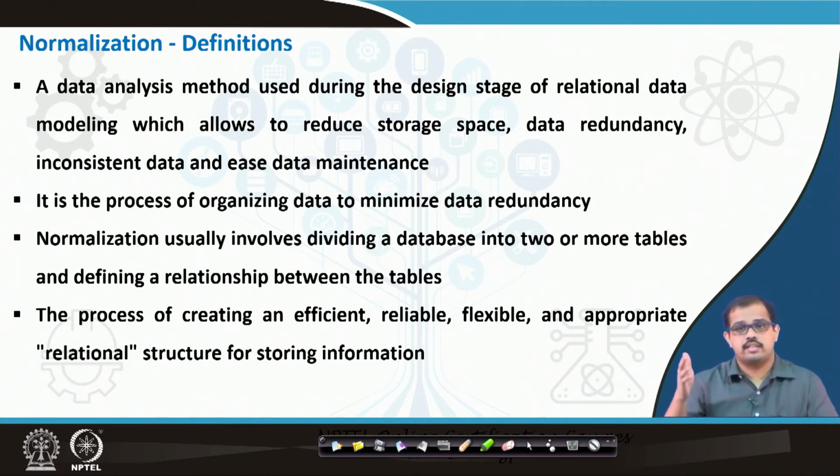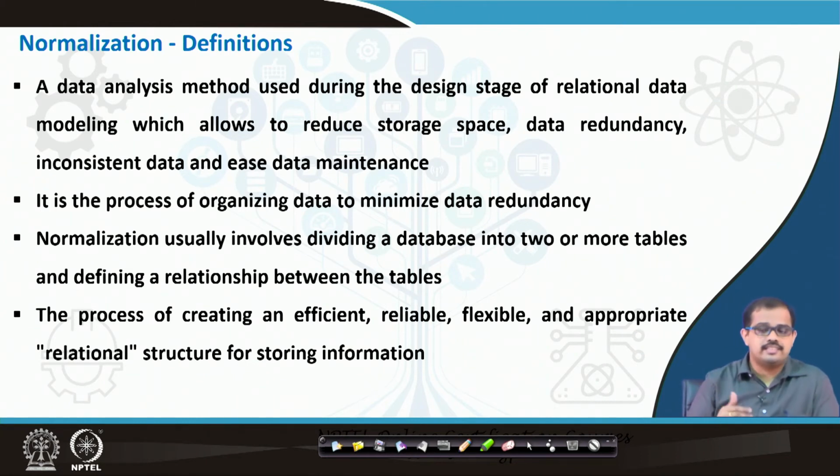This is nothing but normalization of data. You are improving the way the data is stored through a data model, you are reducing data redundancy, and inconsistent data is being removed. In terms, you are trying to improve the system of maintaining the data. That is nothing but normalization. It is a process of organizing the data for minimum data redundancy.